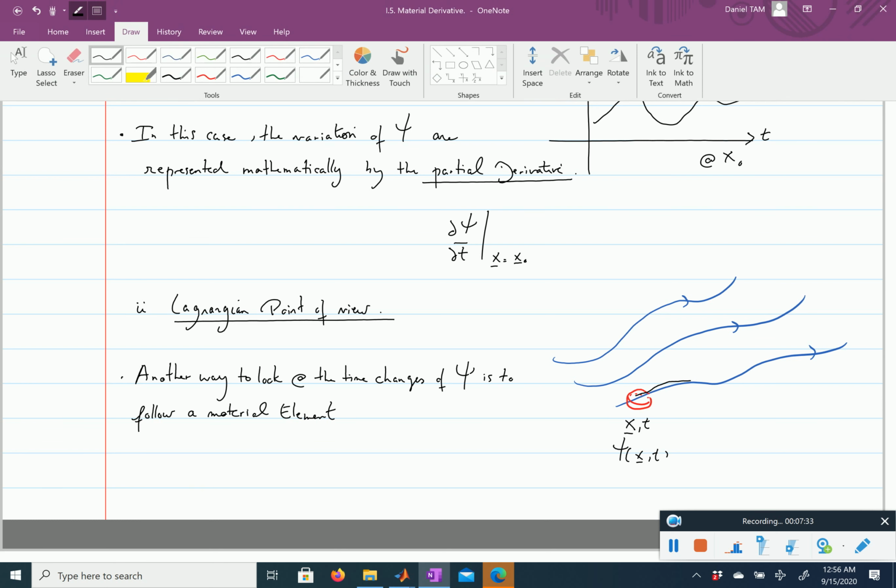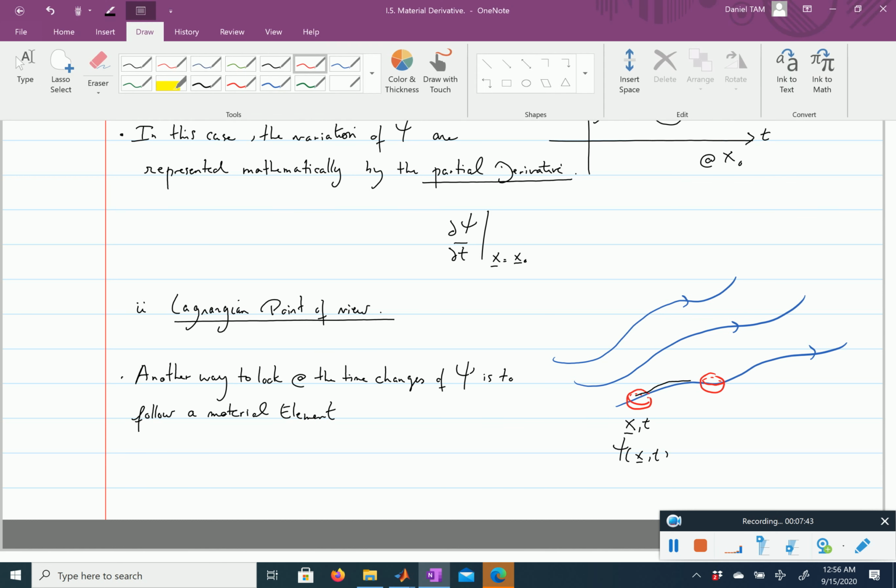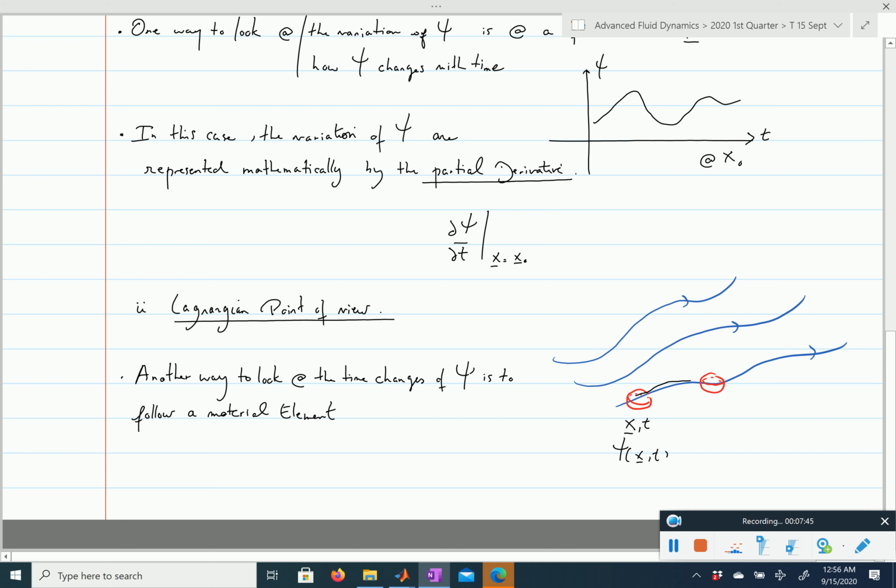At a later time t plus delta t, it will have moved to say here. That is the location of the same material at a later time, at x plus delta x. Delta x would be this displacement here.